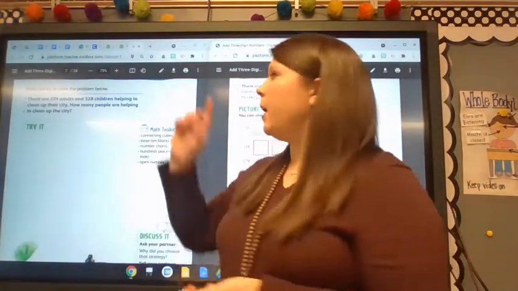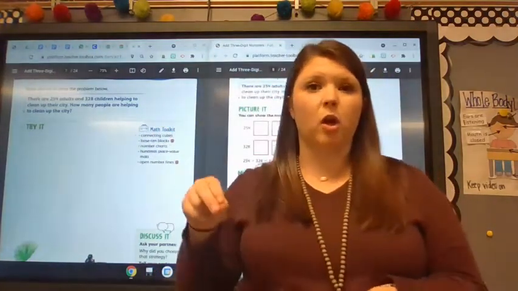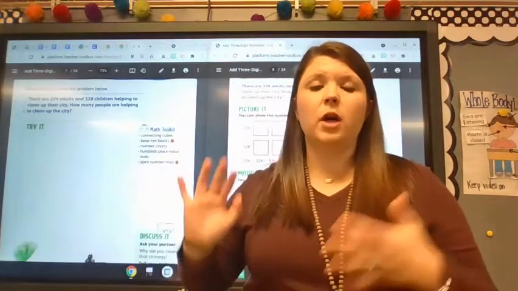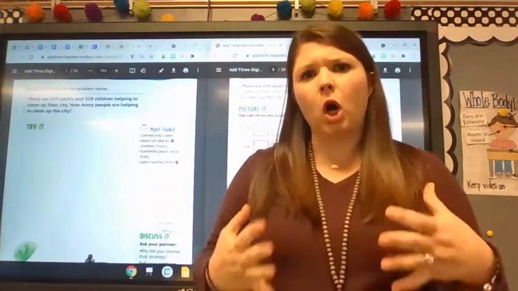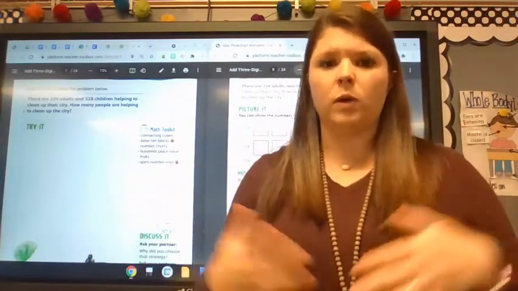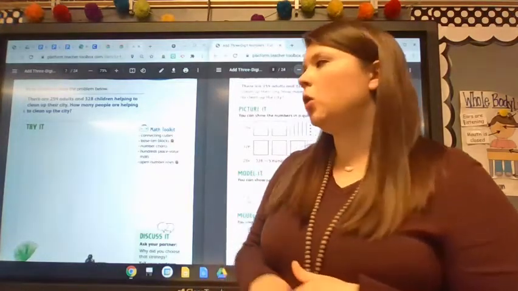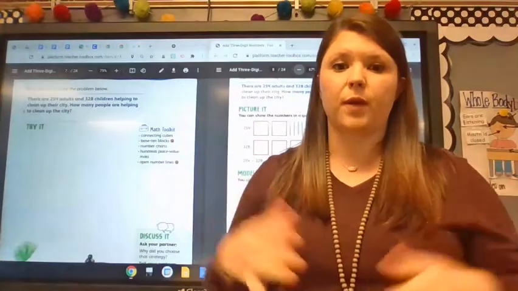It's important to know how many adults there are, and it's important to know how many children there are, right? We're trying to find that missing part of how many people there are. So are we trying to find the parts or the whole here? We're trying to find the whole. They gave us the two parts, but we need to find the whole total number.